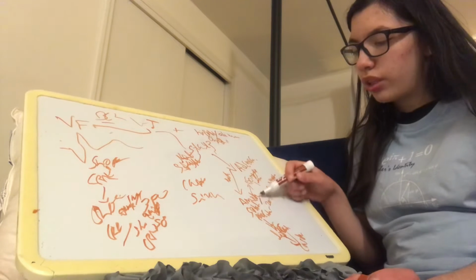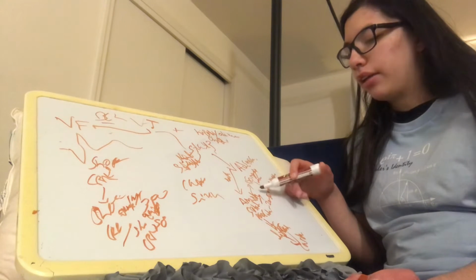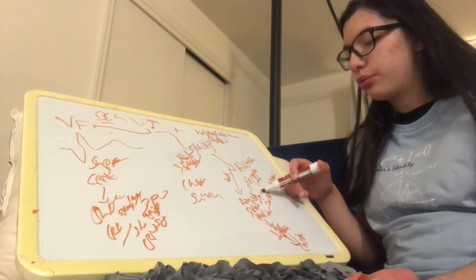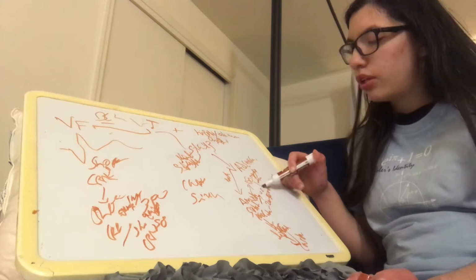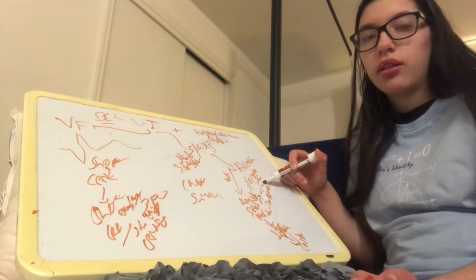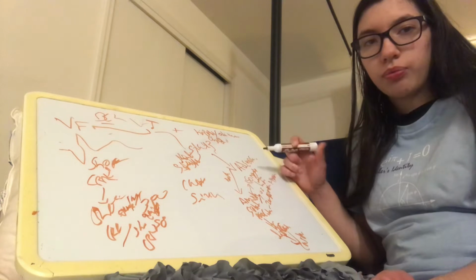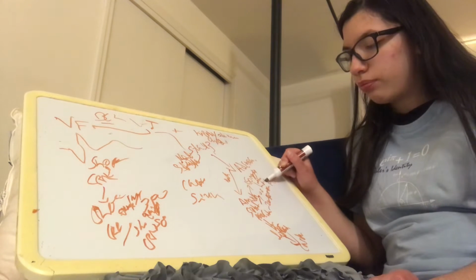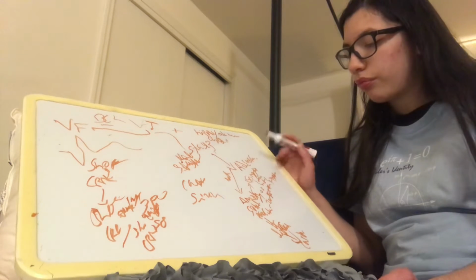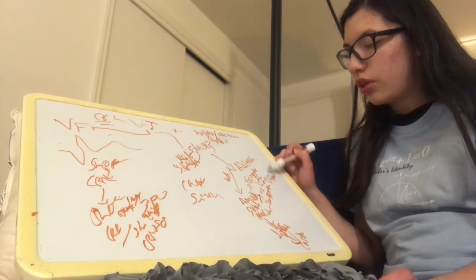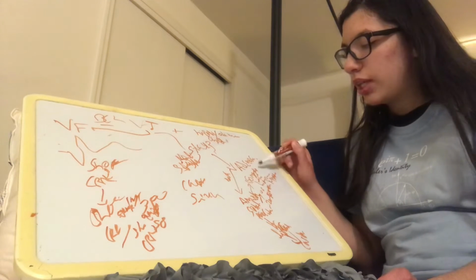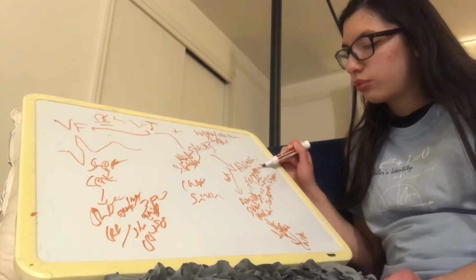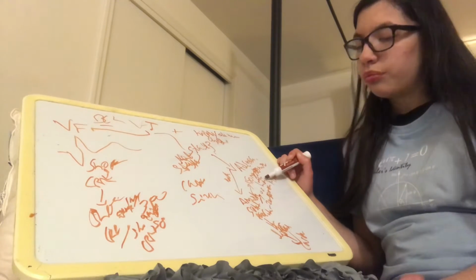And sotalol is about 0.5 to 1 milligram per kilogram of body mass in 5 minutes, and here 100 milligrams in 10 minutes. These are the doses.